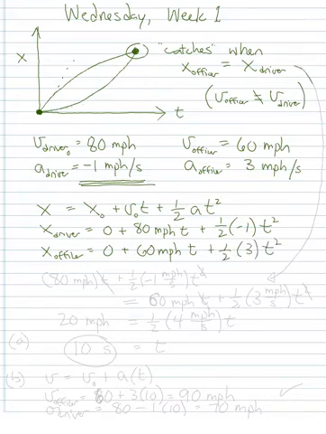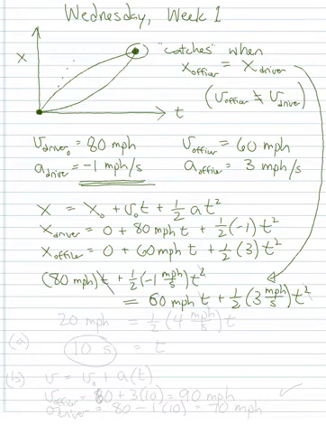So I'm going to use my criteria for catching and set these two equal, and so I get 80 miles per hour times time plus 1/2 -1 miles per hour per second t squared equals 60 miles per hour times time plus 1/2 3 miles per hour per second t squared.